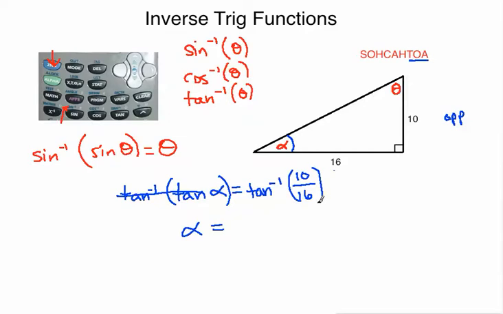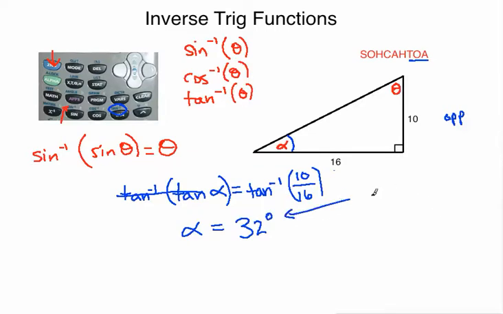So inverse tangent of 10 over 16. So inverse tangent, which is right up here, of 10 over 16 is going to give us 32, and if we round that to the nearest whole number, it would be 32 degrees.